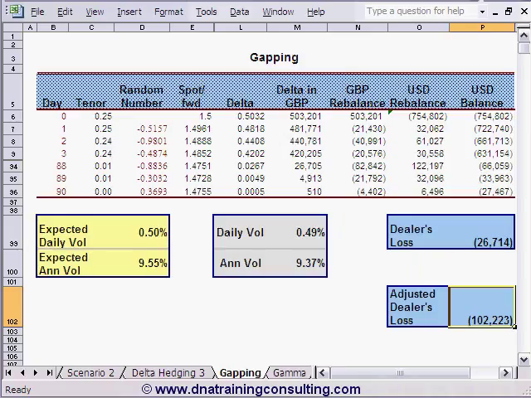We open worksheet gapping and observe that on the day just prior to expiration, spot stands at 1.4755, which of course puts the option out of the money and its delta very, very close to zero.